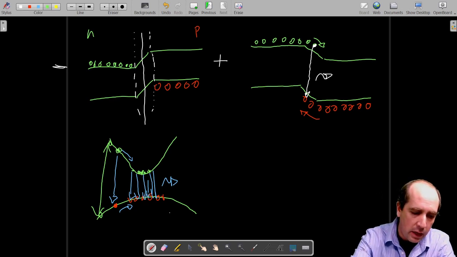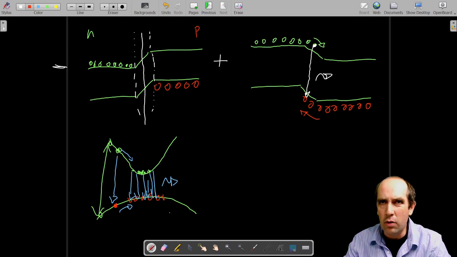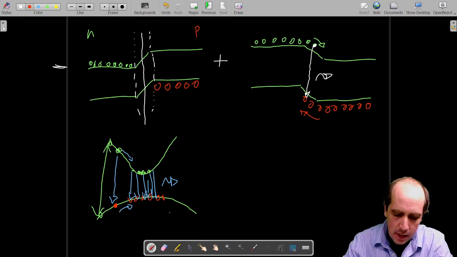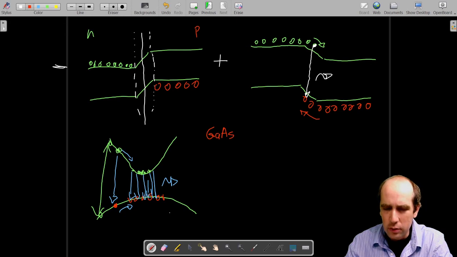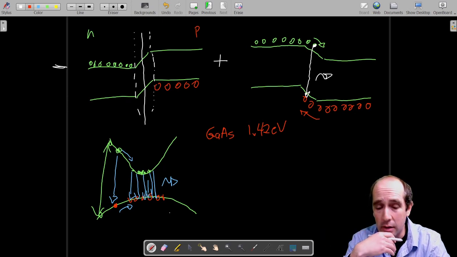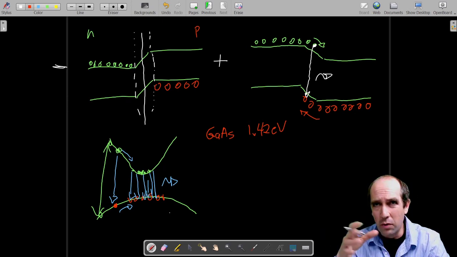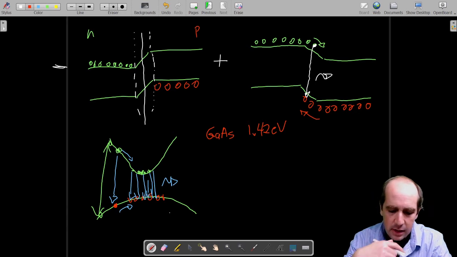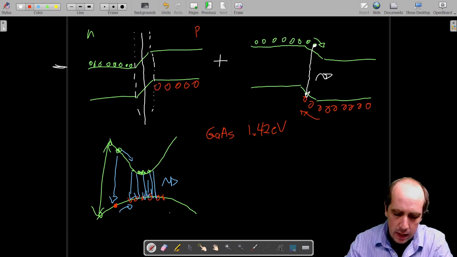So, for example, for infrared or really close to the red LEDs, you can use gallium arsenide. Gallium arsenide is a semiconductor that has a band gap of approximately 1.42 electron volts, which is somewhere in the infrared, 800 and something, or close to 900 nanometers. You can use indium phosphide, for example.